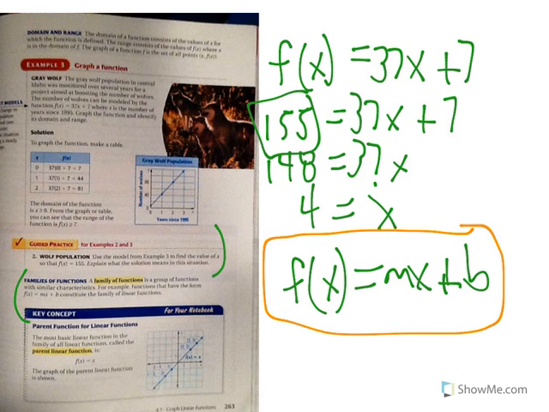That means it goes in a straight line. The most basic one is the one shown right here, which is just f of x is equal to x. And if you notice, the slope is going to be 1, so it's 1 up, 1 over, 1 up, 1 over, and so on.